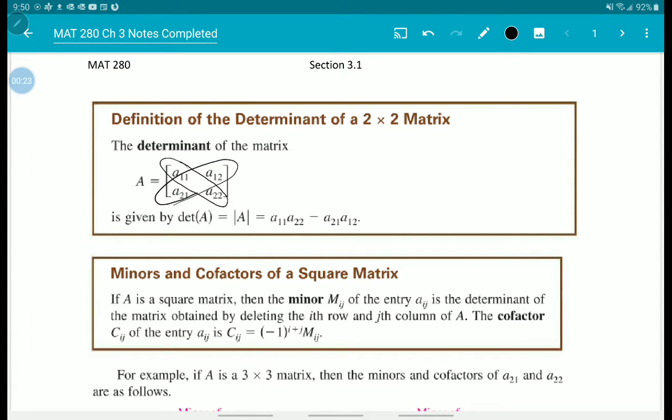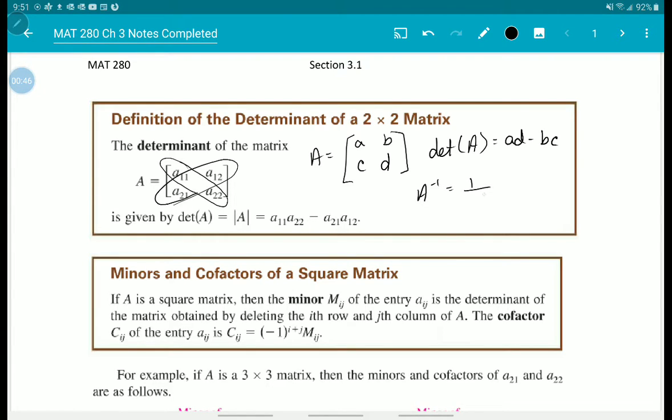And we kind of mentioned this idea when we talked about inverses. If we have a 2 by 2 that can be written this way, A, B, C, D, then the determinant of that matrix, I'm going to call it matrix A, is AD minus BC. And that determinant kind of played a role when we talked about the inverse of the matrix.